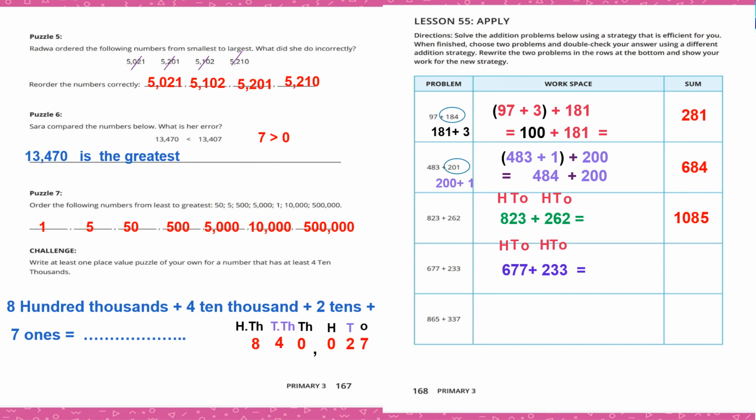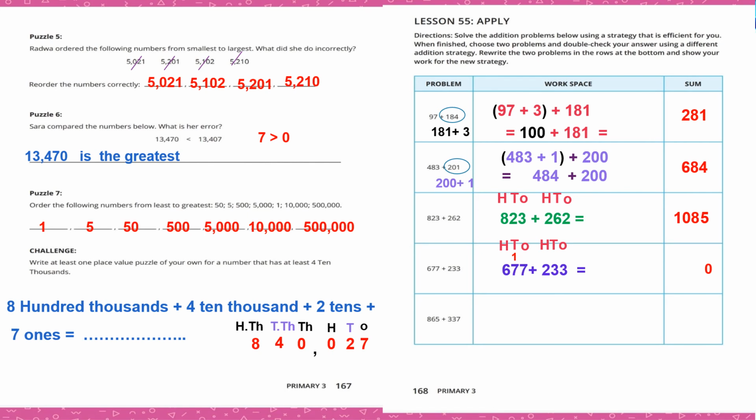Also here, ones with ones. 7 plus 3. What shall we do here? Keep 7 in my mind, and 3 on my fingers. After 7: 8, 9, 10. What shall we do? Put 0 and carry up 1 to the next place. So 1 plus 7, 8.